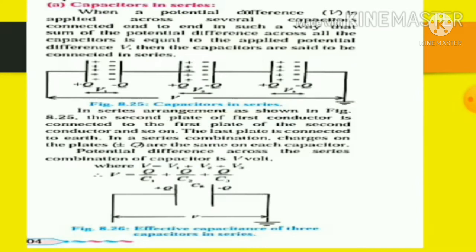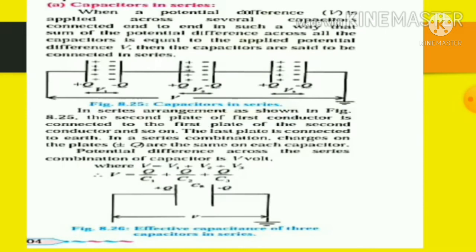So this equation can be modified for our explanation and the above diagram in this way. We can find V1 equals Q upon C1, V2 equals Q upon C2, and V3 equals Q upon C3.